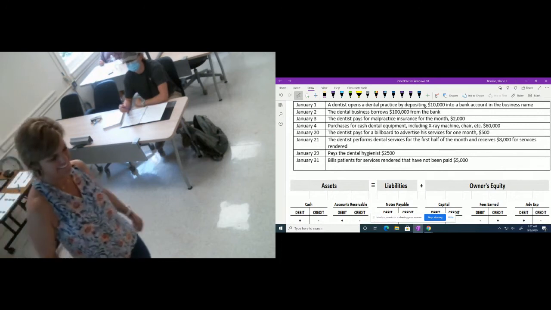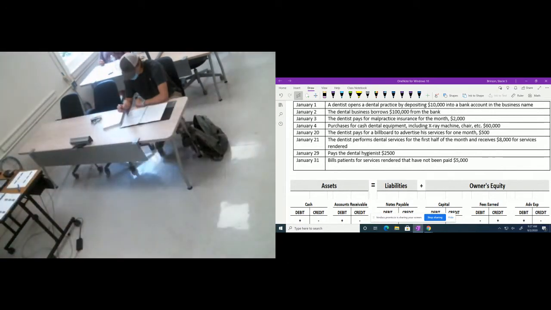Okay, so let's look at this exercise. We're looking at these transactions for this dental office. And this is really kind of the same thing we did before with Net Solutions and with that Wilson Property Management. But now we have the pluses and minuses like we did before, and we're going to apply transactions to them, and you'll have the words debit, credit, so you can get familiar with what it looks like.